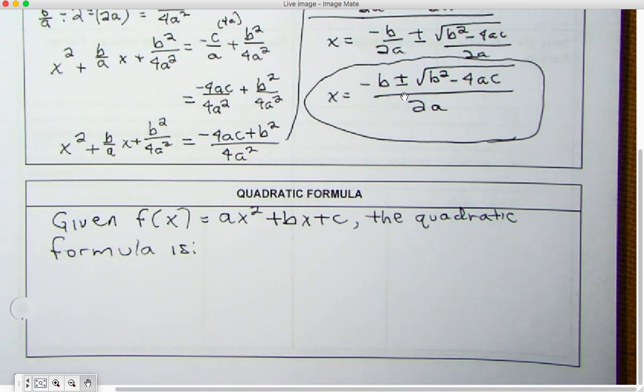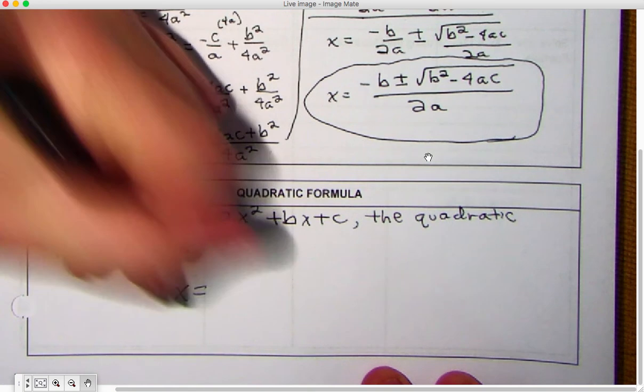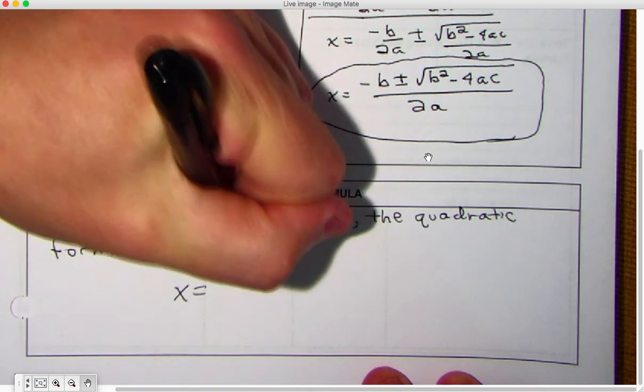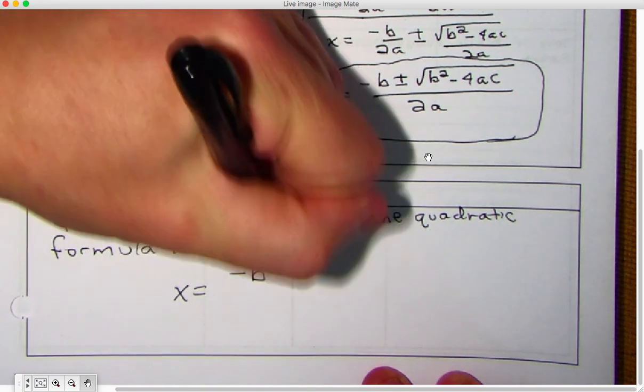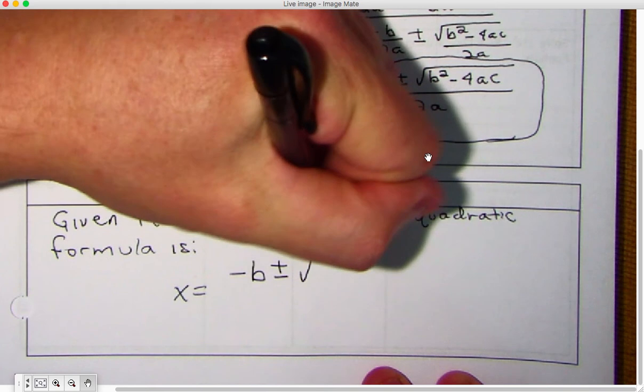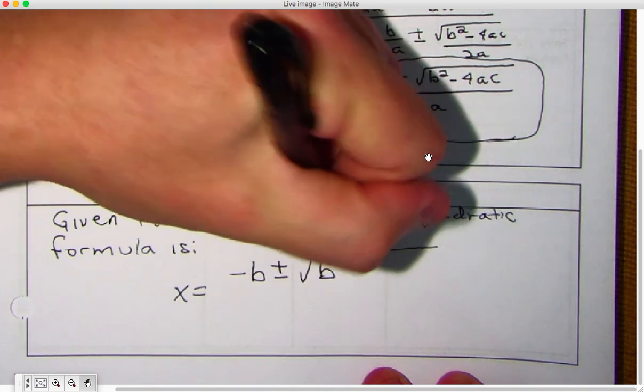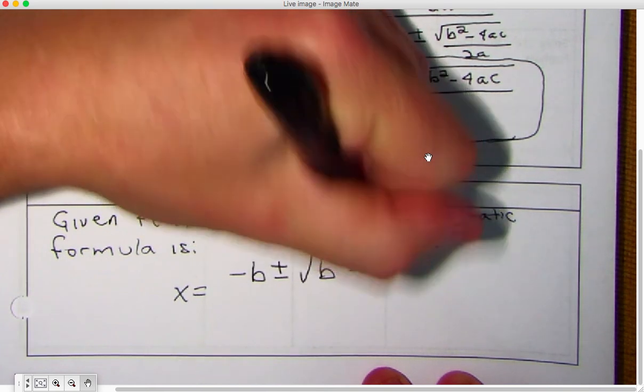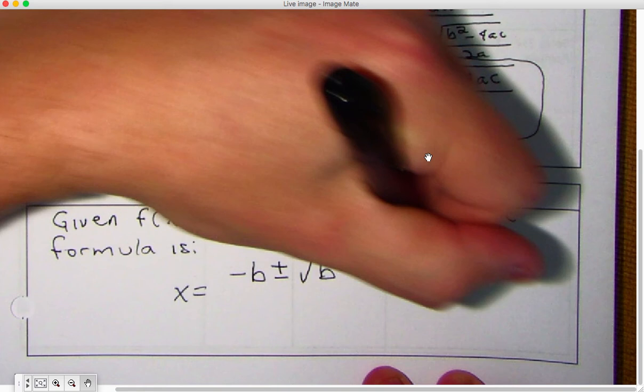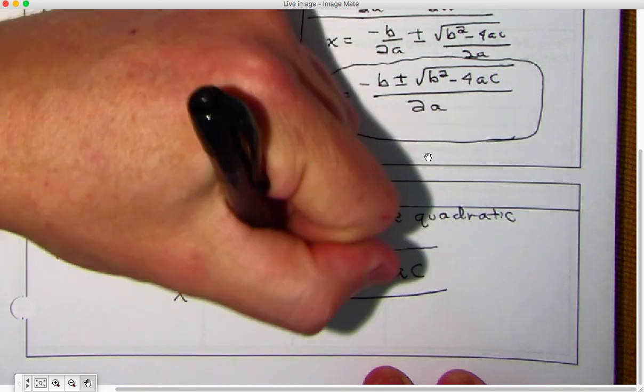Opposite of b plus or minus the square root of b squared minus 4ac all over 2a. And now you know why I teach math. Okay, so x equals opposite of b plus or minus the square root of b squared minus 4ac all over 2a.